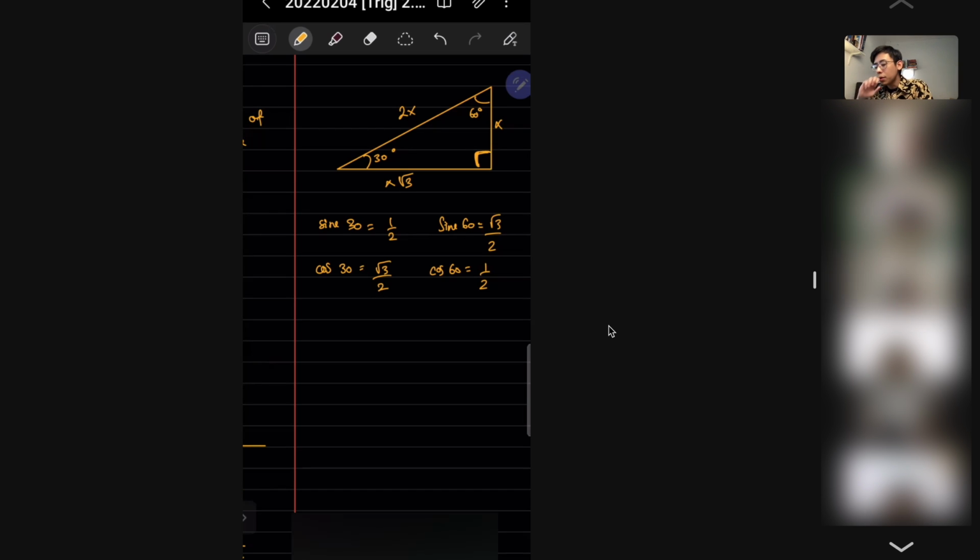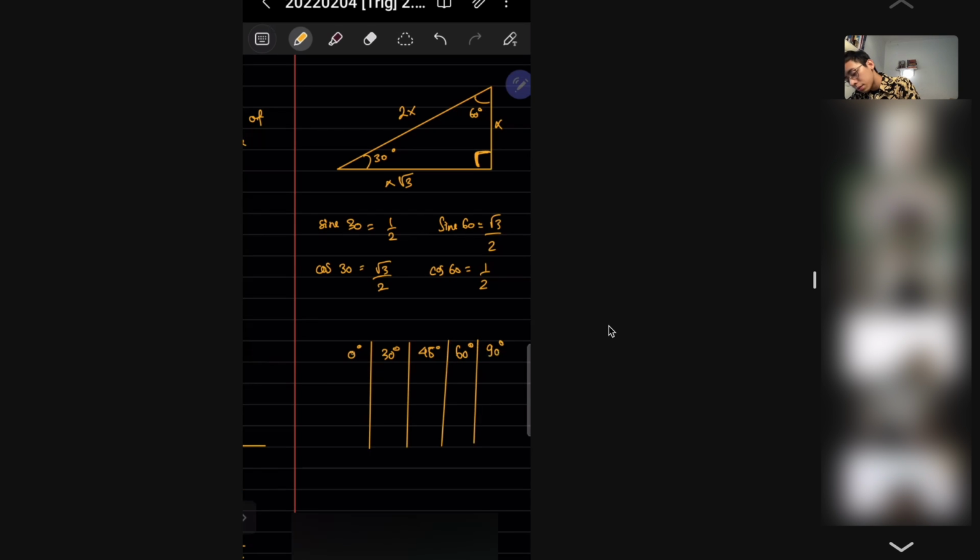First of all, 0 degrees, and then 30 degrees, 45, then 60 degrees, then 90 degrees. You have sine, cosine, and then tangent.